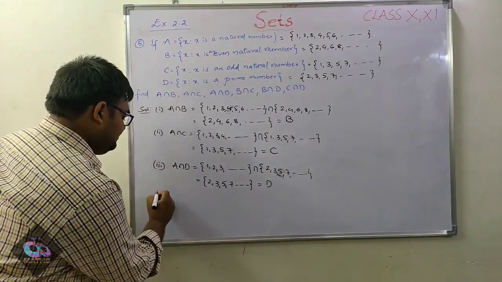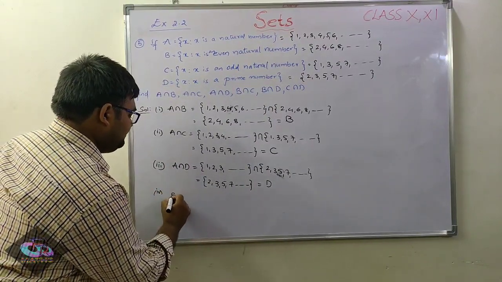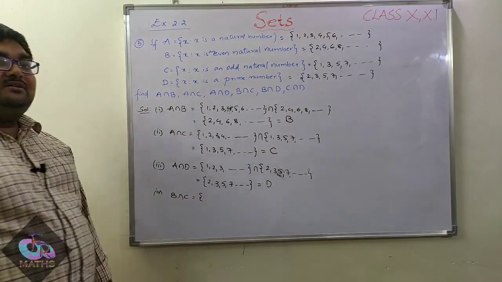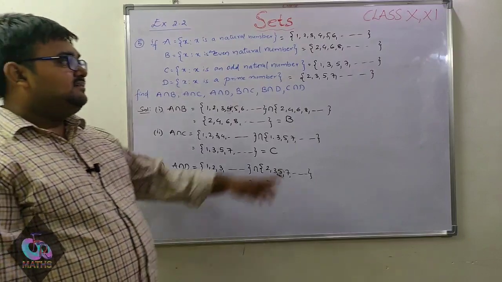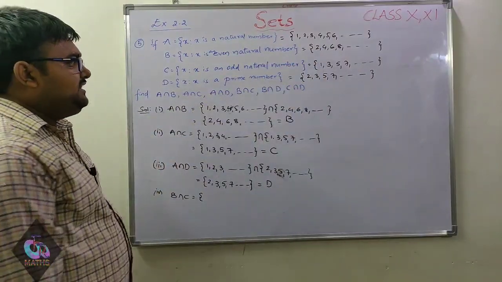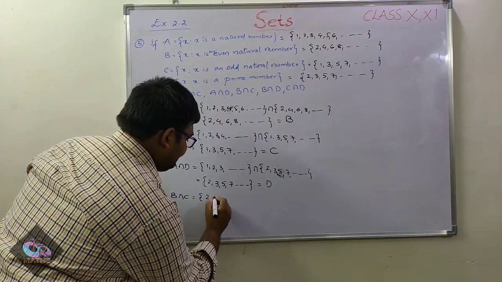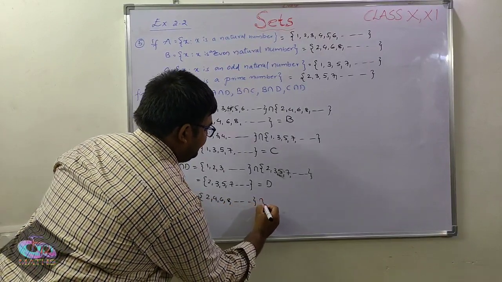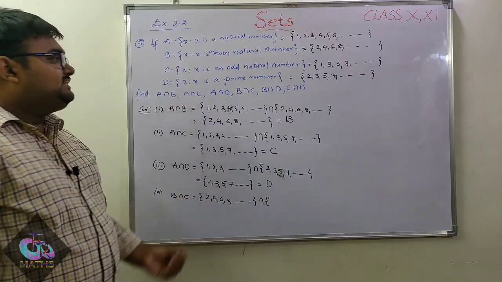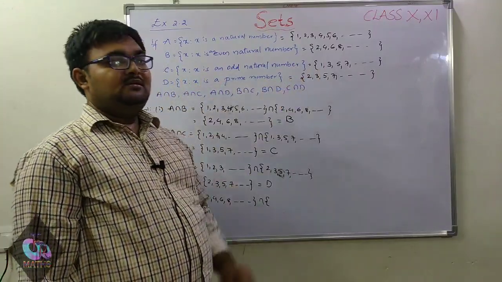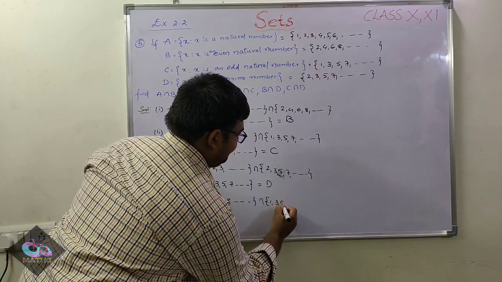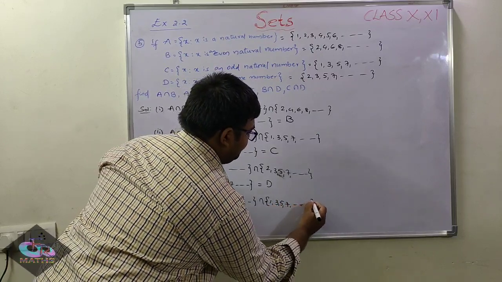Right? Next coming to the fourth bit, B intersection C. So if you observe B intersection C, what is B here? B is nothing but the set of even natural numbers, which is given by 2, 4, 6, 8 and so on. Intersection. What is set C? Set C is nothing but the set of odd natural numbers, which is nothing but 1, 3, 5, 7 and so on.